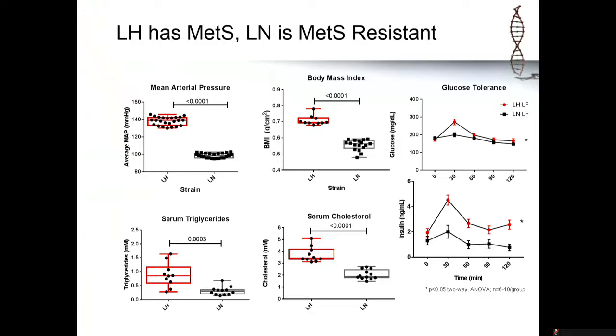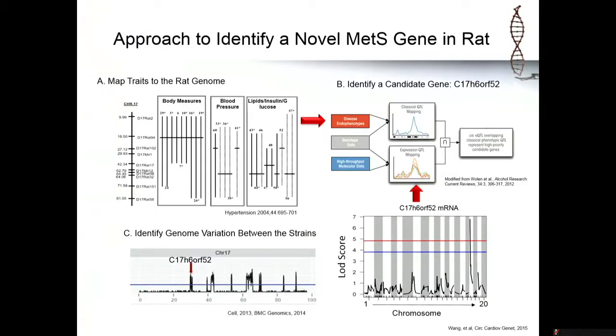Their triglycerides are increased, their cholesterol is increased, their body weight is increased. They're less glucose tolerant, and they have hyperinsulinemia. So this is without any kind of dietary or chemical manipulation. These are just genetically susceptible. So this is about 10 years of work in one slide, which is really depressing, but for the interest of time, I'm going to do it this way.